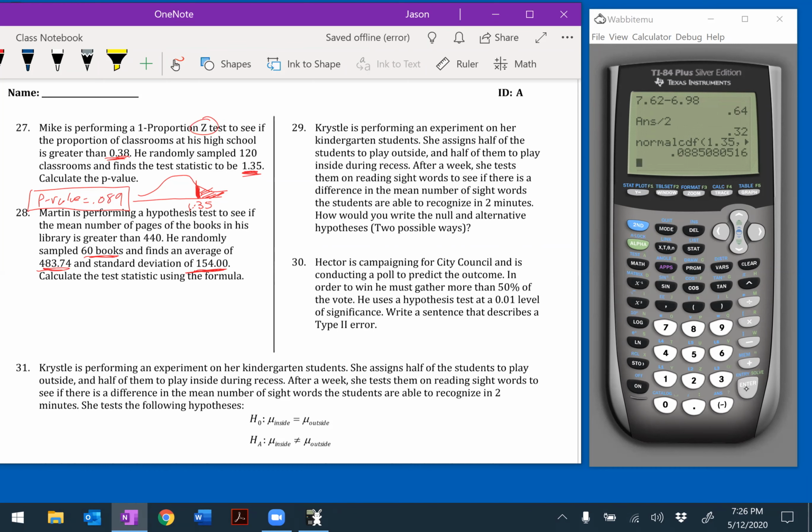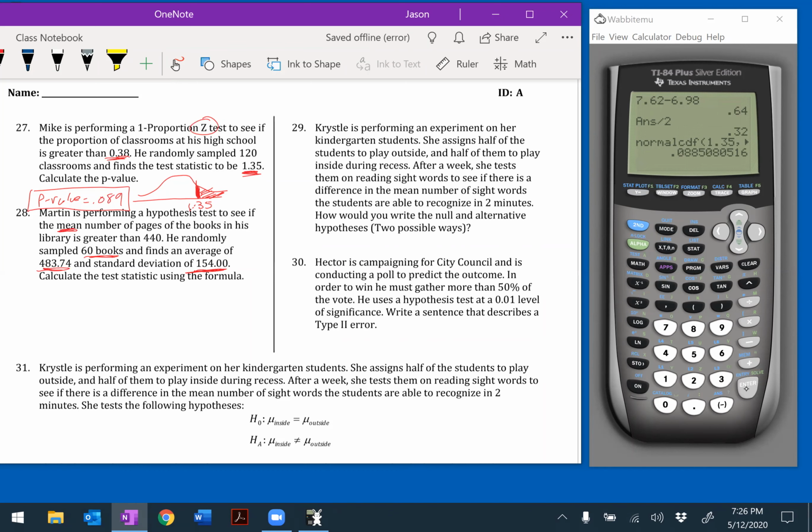Calculate the test statistic using the formula. Okay, let's see, could we calculate it not using the formula? I don't think we could, because do they give us enough information here? We want to know, so this is a mean, right?